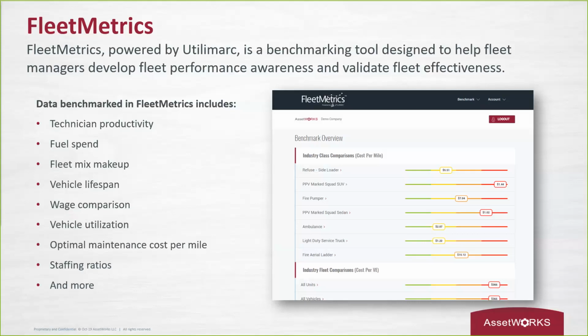This is available in 19, and the implementation, since we've partnered with Utilimark, works like this: AssetWorks' project team would be the prime, and we utilize Utilimark's business analyst resources, who are the subject matter experts in their benchmark, to help you map and normalize your data within the benchmark. They work with each client that signs up and analyze your data with you.